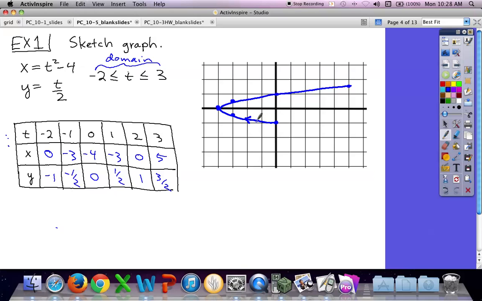So it's not enough just to connect all those points with a smooth line. I also have to draw the arrow that says that's the direction of the graph, right? And it's always as t increases. You know, these values, they started here and they went like that. That is the graph of parametric.